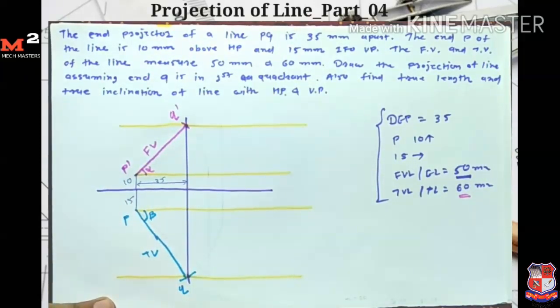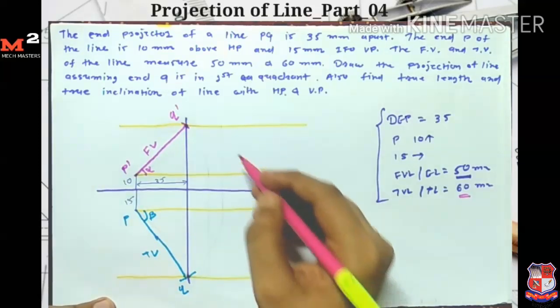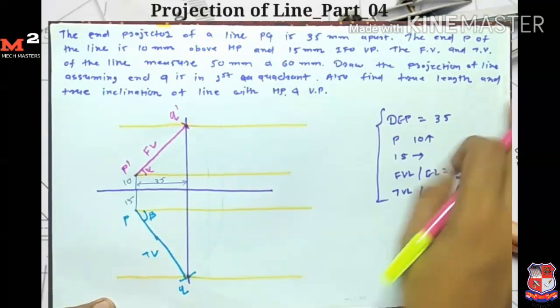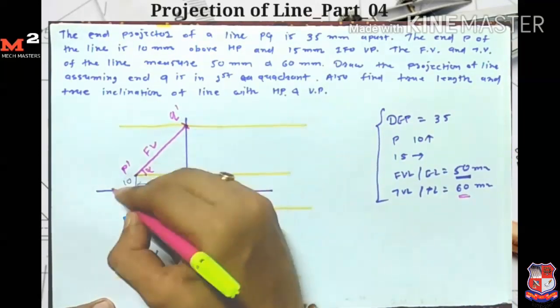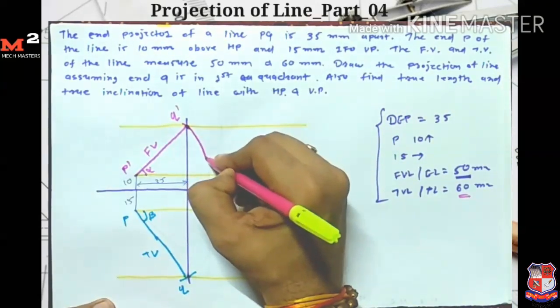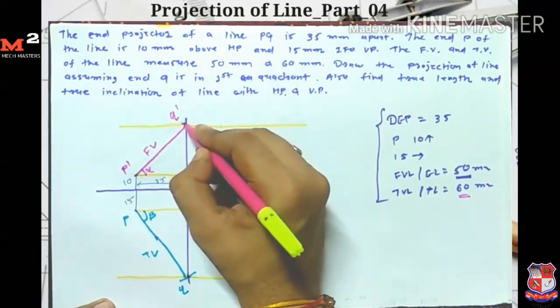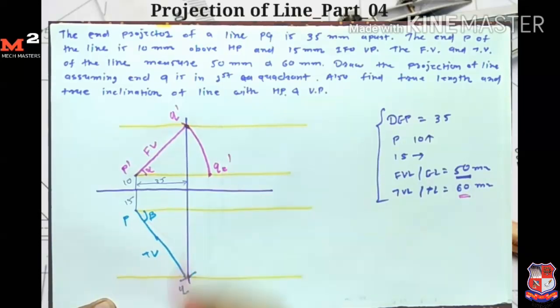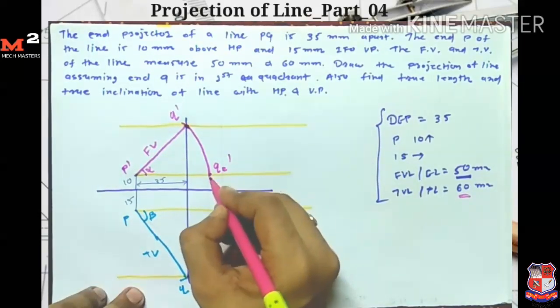Now from the front view length I draw the arc, because we are required to find the true length. So for finding the true length, first I draw the arc from here. Take P dash as a center and P dash Q dash as a radius, and I draw one arc here. I give the name Q2 dash here. Now from this line I draw the projection.